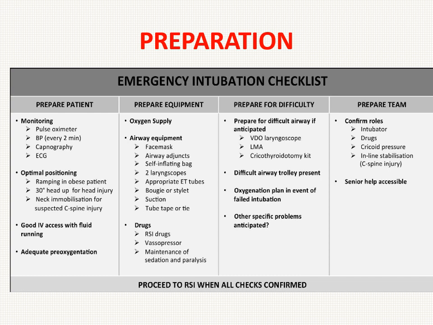And of course, prepare equipment: oxygen supply, airway equipment, drugs. Prepare for difficult airway if anticipated: difficult airway trolley present, oxygenation plan in event of failed intubation, other specific problems anticipated. And of course, prepare team: confirm roles, senior help accessible.